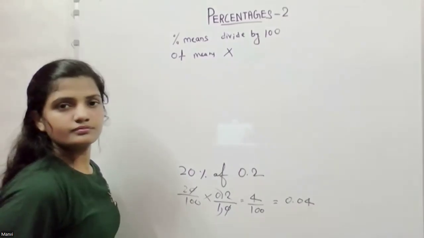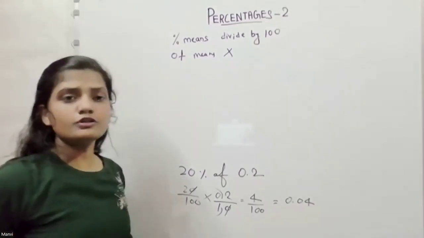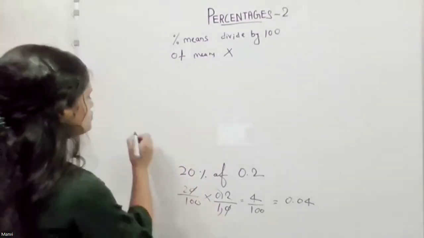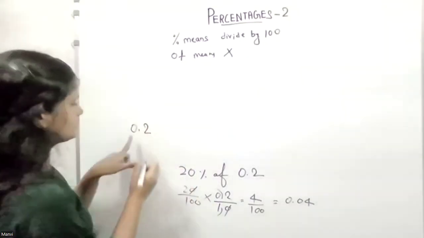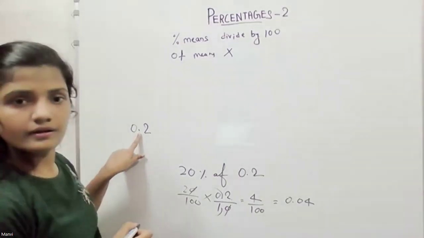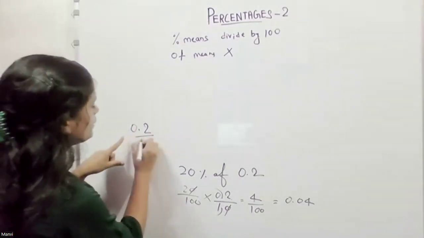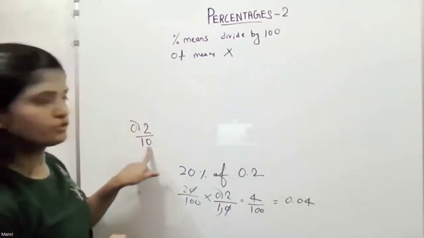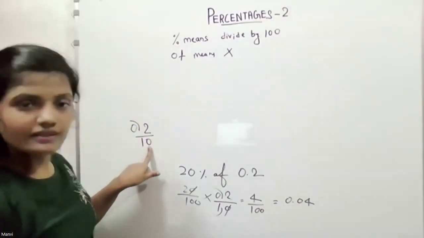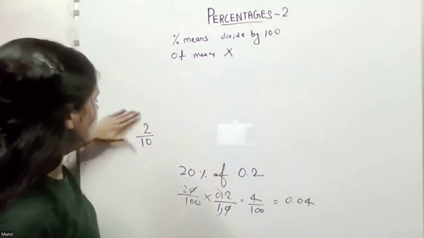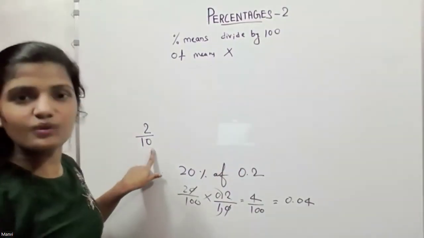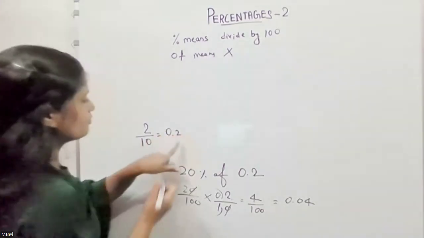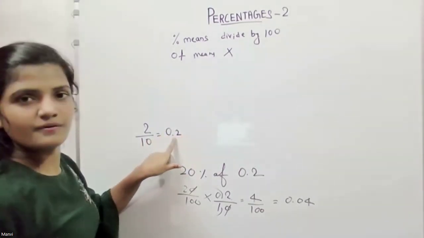Okay, I want to give you one trick. Whenever you see one decimal place, then write 1 0 in the denominator when you remove the decimal. Or another way is, if there is a 1 0 in the denominator, then write 0.2, one decimal place.